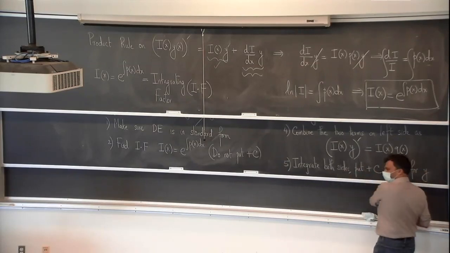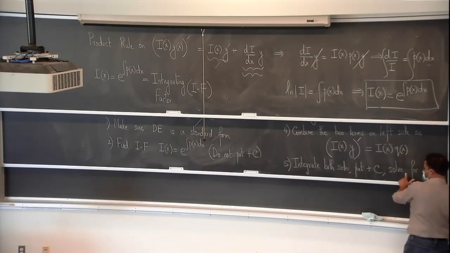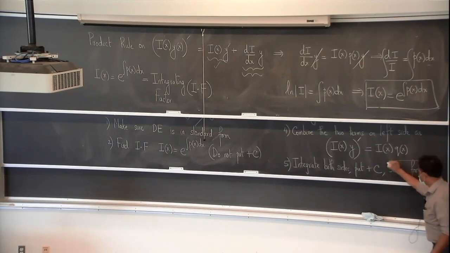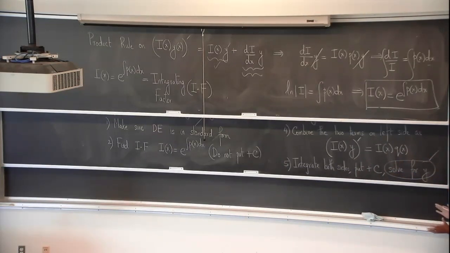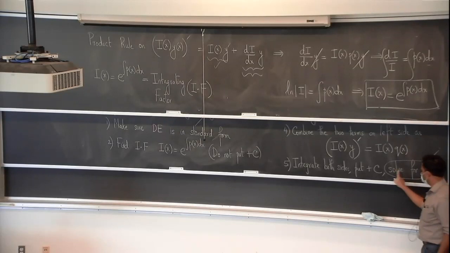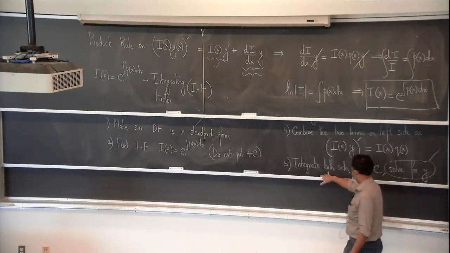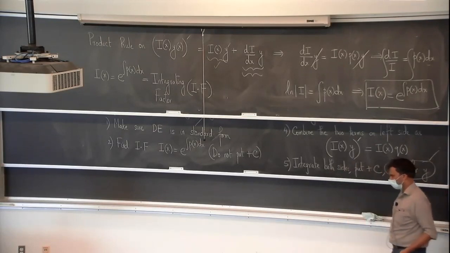In this order: put c and solve for y, not solve for y and then put c. I'll tell you why. And that should be your final answer. You will get completely different answers in most of the questions if you flip these two things. So as soon as you do the integration, put c and then solve for y.